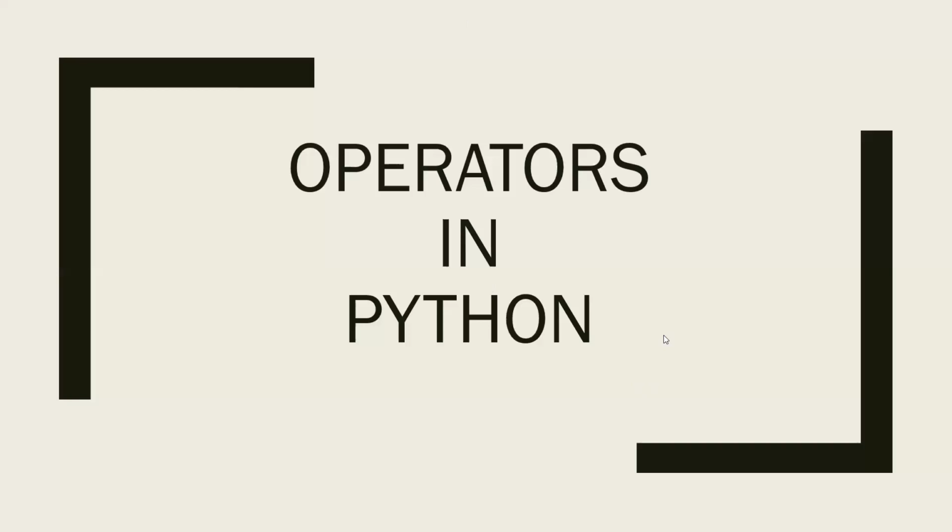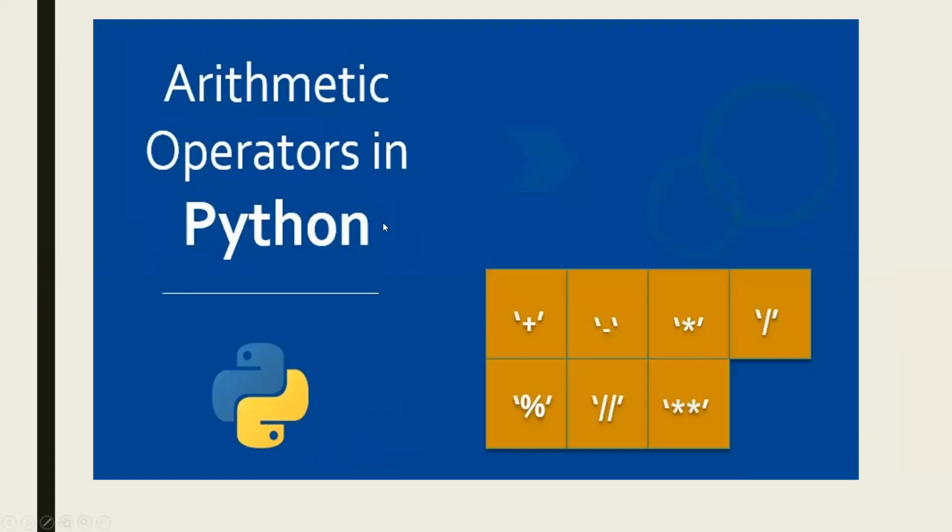So the first category of operators in Python is the arithmetic operators. As you can see here, there is a plus operator, minus, multiply, divide sign, and this percentage sign is called the modulus sign, and this returns the remainder of a division.